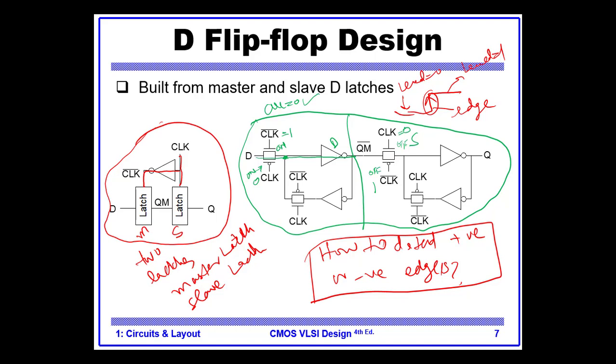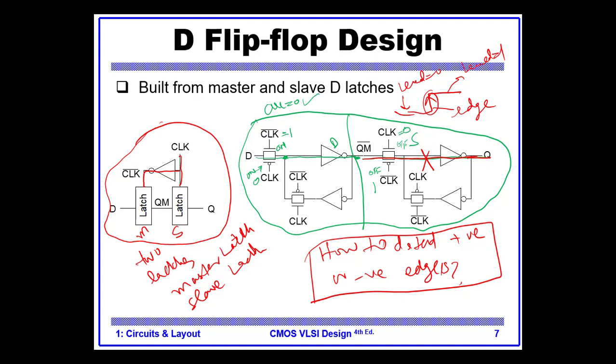Now what that means is that D comes until here, but D cannot move towards the output. What is the reason? Because the slave is in memory mode. The slave is not transparent.